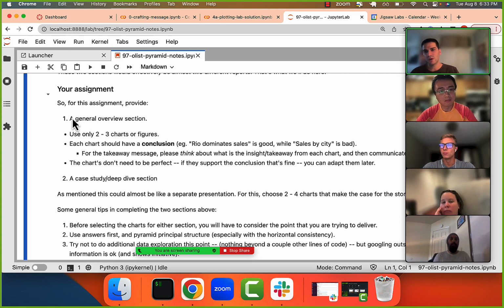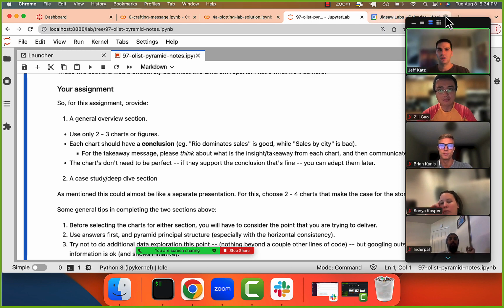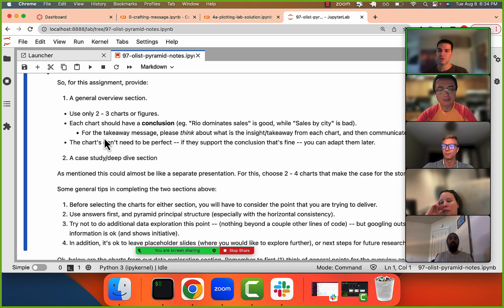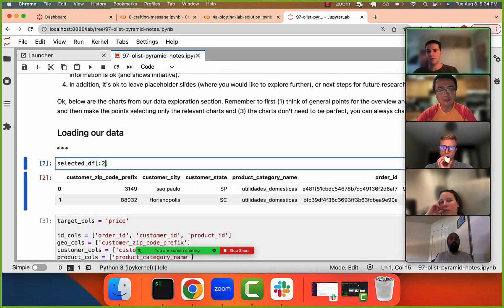In an interview sometimes you'll want to show the work that you've done and not throw out 80% of it, but quickly hit the high points, and you can always go more deeply if they ask about it. So it's just do this general overview and then focus on the deep dive.